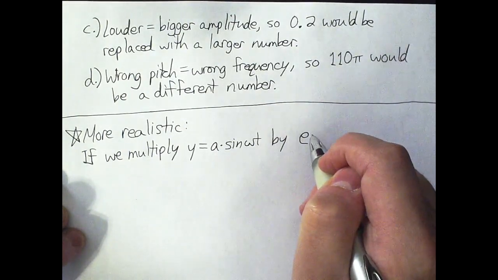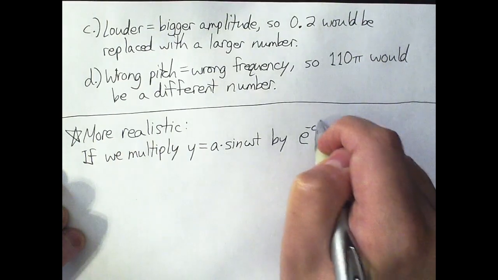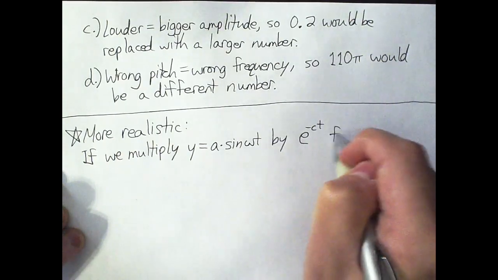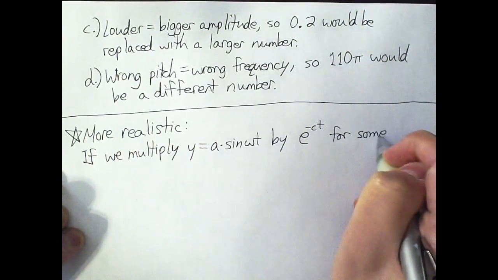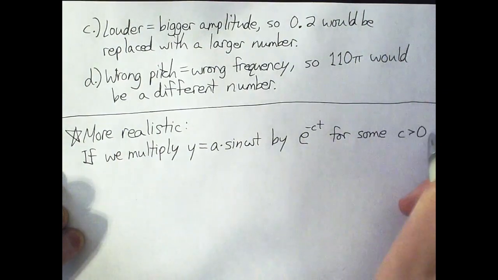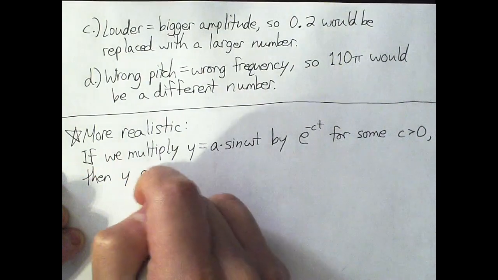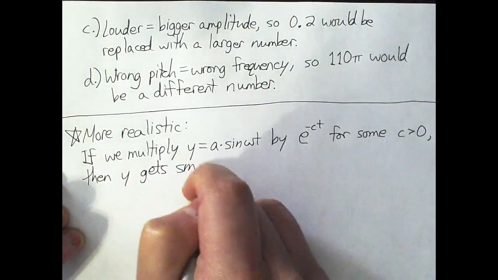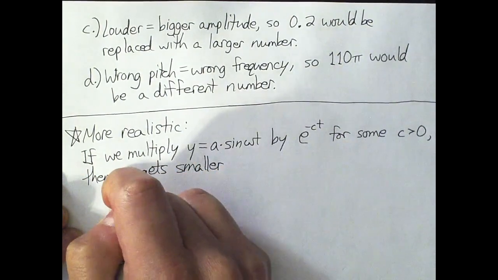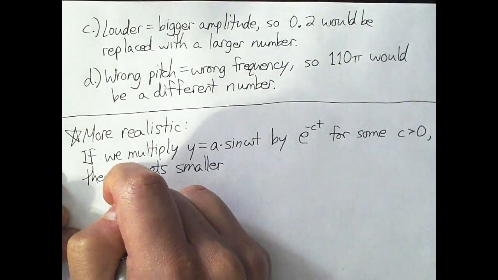If we multiply it by e to the negative ct for some c greater than 0, then y gets smaller. I'm going to put y in absolute value bars, actually.